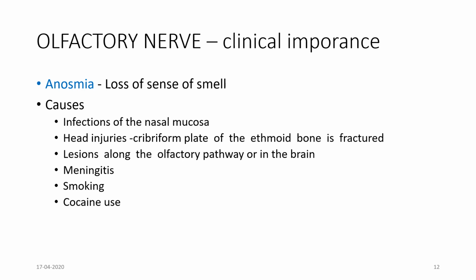Infections of nasal mucosa, head injuries, if there is fracture of the cribriform plate of ethmoid, this anosmia can occur. Then lesions along the olfactory pathway or in the brain. Meningitis can also cause anosmia. Smoking, cocaine use. So you have learned the olfactory apparatus, pathway and its clinical importance.